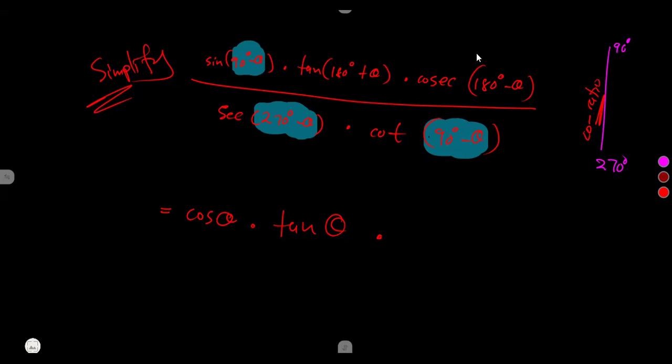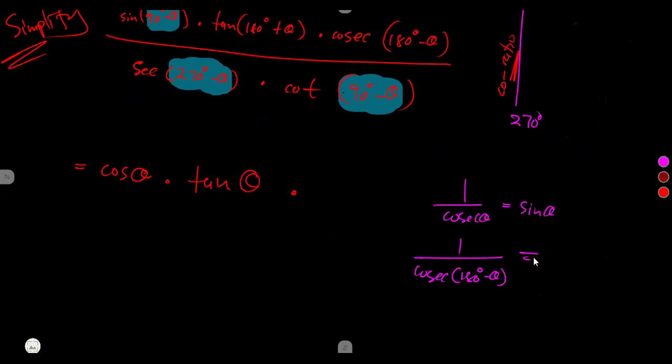What about the cosec of 180 degrees minus theta? Where do I take this one from? I just take it from its consideration. I know that cosec of theta was taken from what? A sine. Remember, 1 over sine is cosec. So in the same sense, if I'm given 1 over cosec of 180 degrees minus theta, it simply means it was supposed to be written as 1 over sine, just like 1 over tan is cot, and so on.